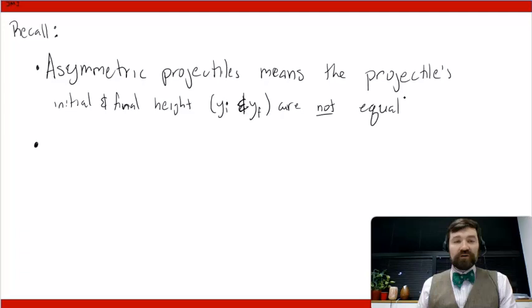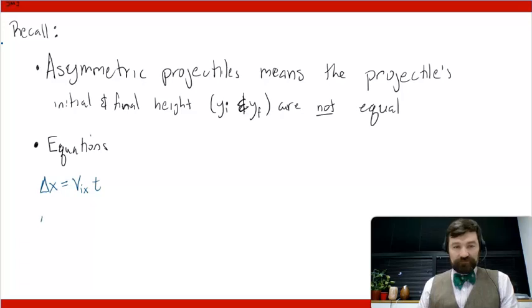The second thing to recall is the set of equations you would need to use for projectile motion. Delta x should look like v initial in x times time, and for y, let me use the exact equation: y is equal to negative 1/2 g t squared, plus v initial y times t, plus y initial.